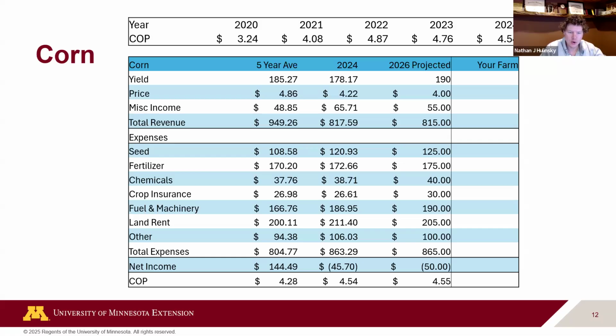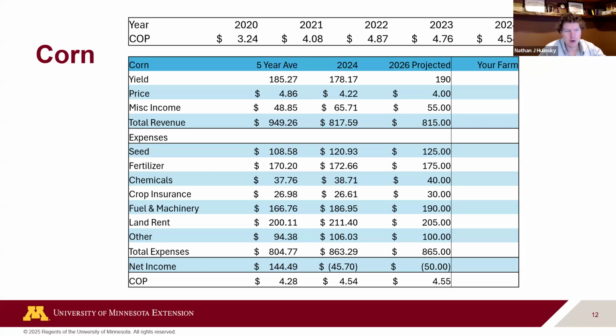In 2024, the average income on corn ground in central Minnesota was a loss, a negative $45 per acre, right? The parentheses means negative in the table. My projection into 2026 is unfortunately also negative. I have a $50 per acre loss on corn ground.